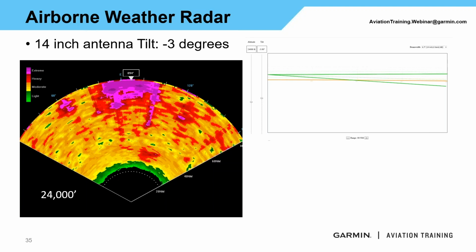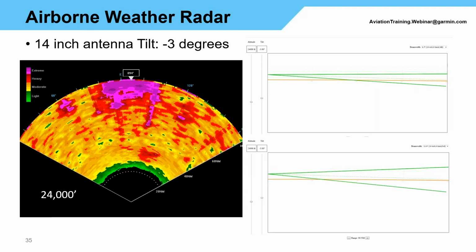On the right-hand side of your screen, you should see the published beam width on the top of the screen. So top right there, we are looking at a 6.7 degree beam width. It is striking the Earth at about 38 miles, somewhere around there, and we can see the top of the beam out there. The orange line is the overly simplified curvature of the Earth, so not taking into account any unusual terrain, but for all intents and purposes, the curvature of the Earth.